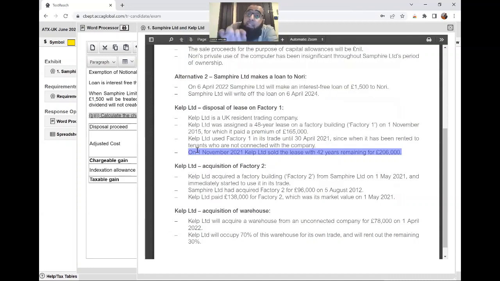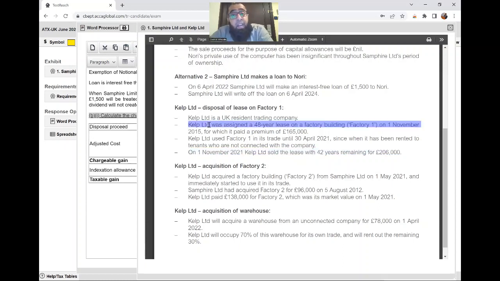And the disposal proceed represents 42 years of lease. Now, Calp Limited was assigned a 48 years lease, which means that the cost is of 48 years. Now, it's not like with like.